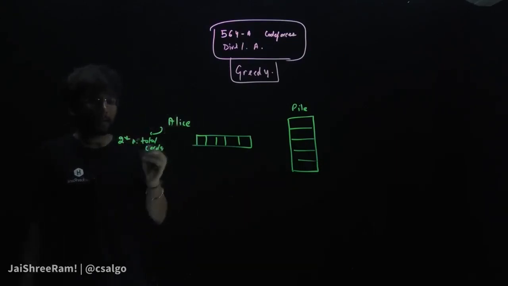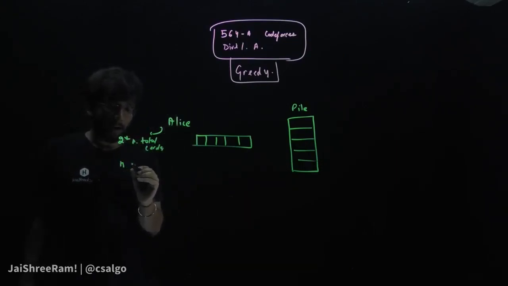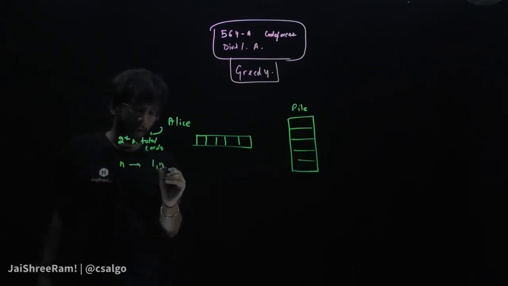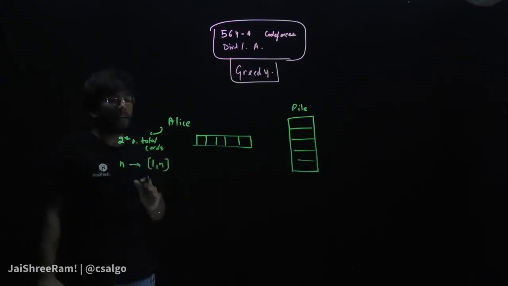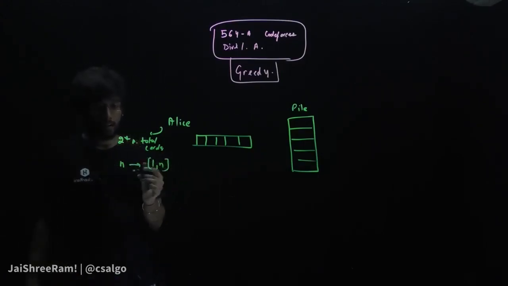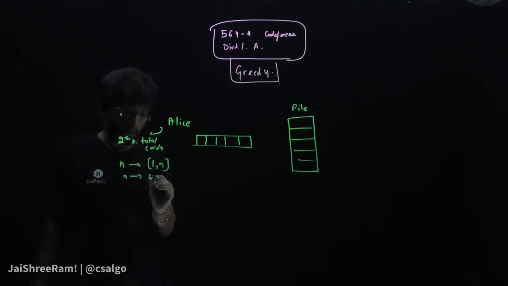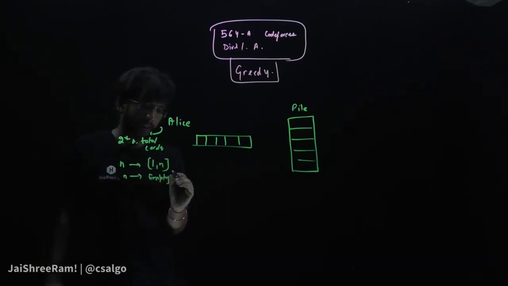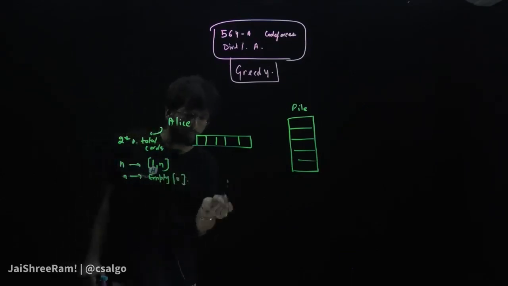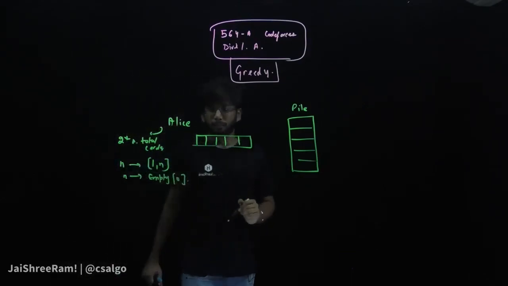in this whole deck, out of which n cards are numbered from 1 to n, and the remaining n cards are empty. We can consider a 0 being written on them.